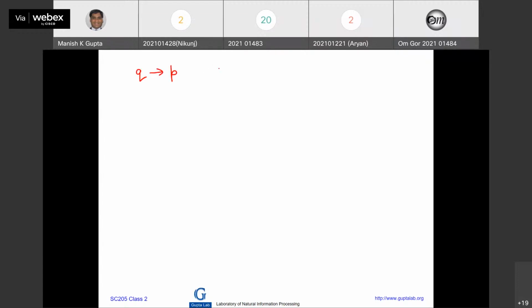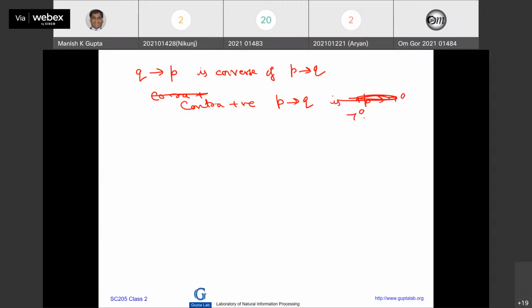Q implies P is the converse of the conditional statement P implies Q. So we say that the contrapositive statement of P implies Q is negation of Q implies negation of P. So if P implies Q, then negation of Q implies negation of P. I just told you that you need to prove this anyway.